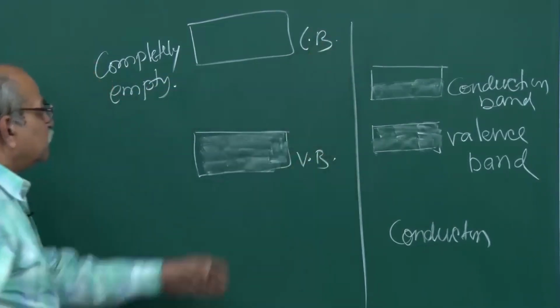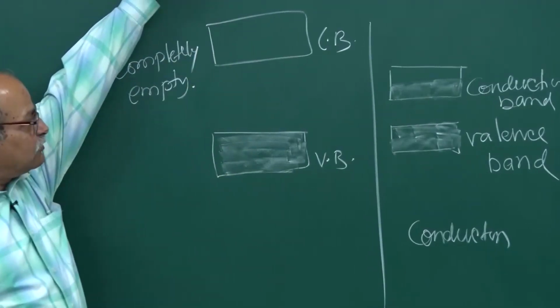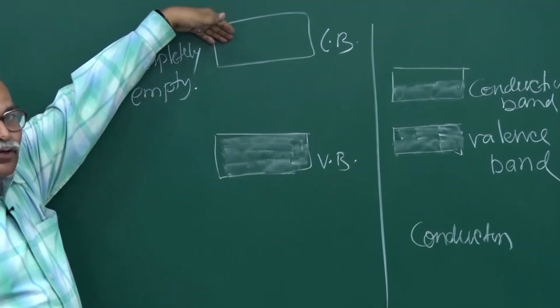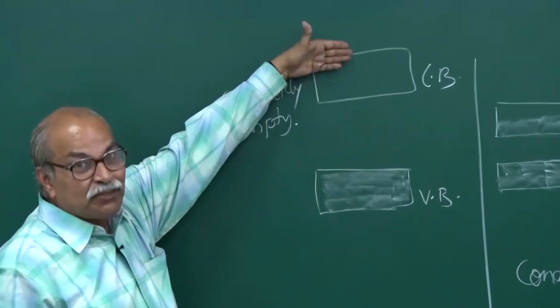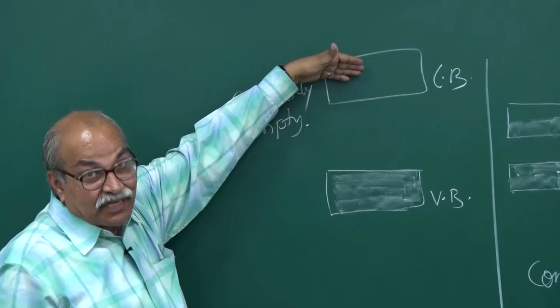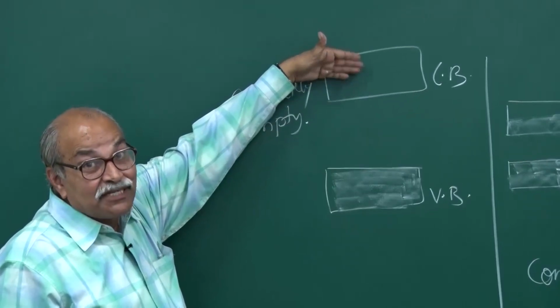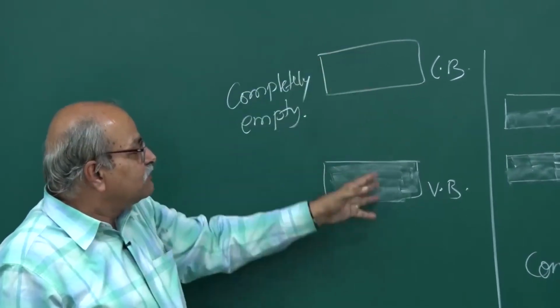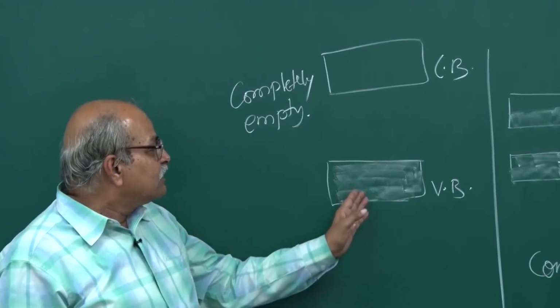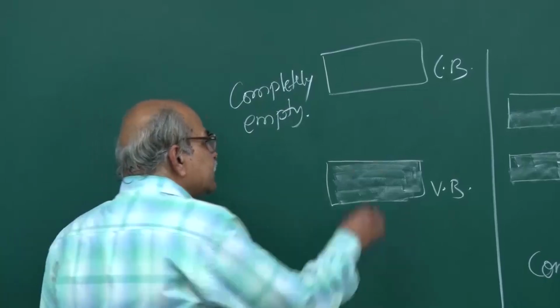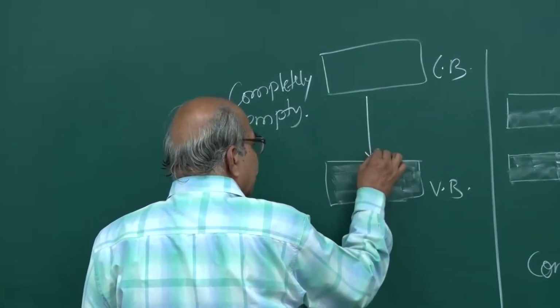So this is also possible, as I defined. If you come from the top, the first band not completely filled, it's certainly not completely filled, it's not even partially filled, but certainly not completely filled. So this is the conduction band, this is the valence band. At low temperatures, 0 K, this is the kind of situation, and this energy gap is large.